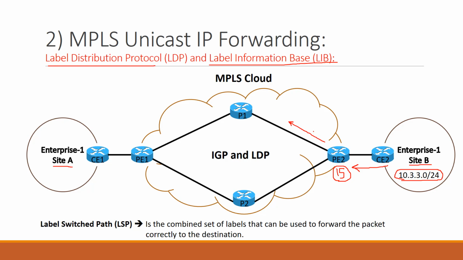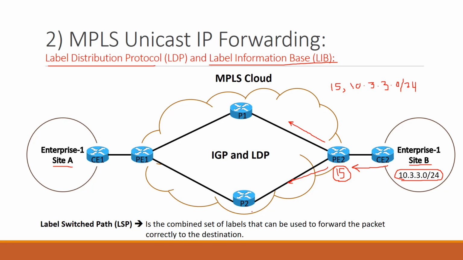BE2 will send the label IP prefix binding to P1 and P2. What do these updates contain? They contain the local label chosen by BE2 and the IP prefix 10.3.3.0/24. This is the update that will be sent to P1 and P2.